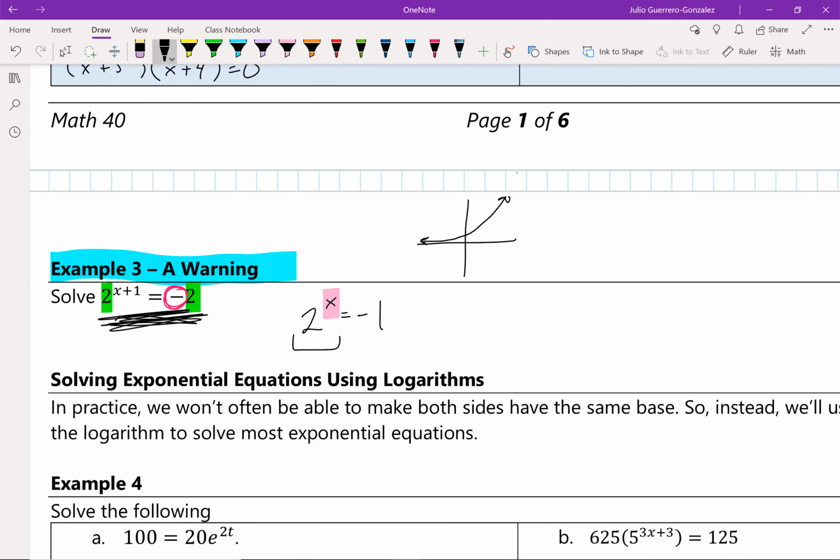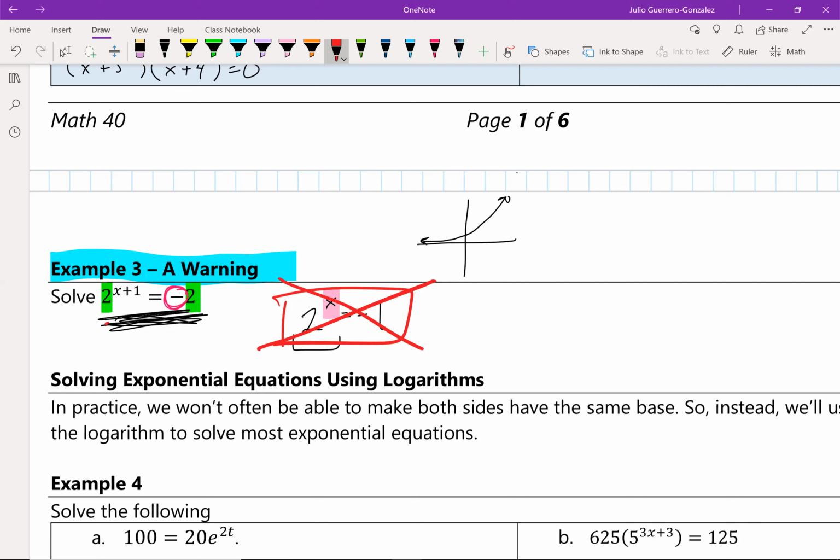So this right here makes it dip down. This is telling me what do I need to plug into x so that it dips down under the x-axis. So what makes it negative? And this never happens.